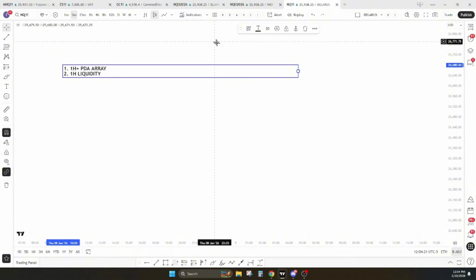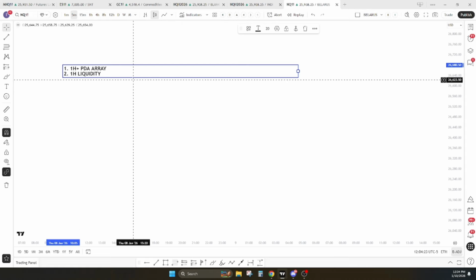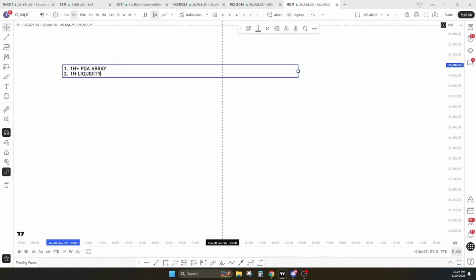And if a CISD forms, then you can go ahead and take that trade. So a sweep is just trading above it and trading back below it. We're not going to have any other mechanical definition or requirements for that. As long as it went above and went below, it's a sweep.